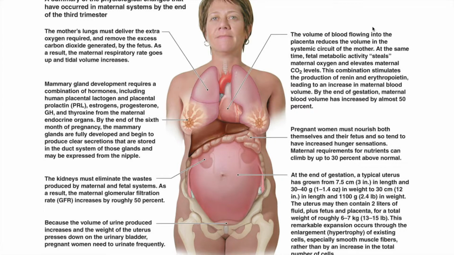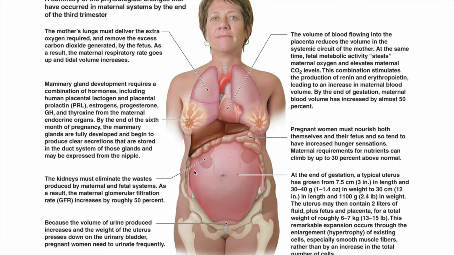Blood volume increases to meet the needs of the fetus. There are several hormones that cause the mammary glands to develop. In the kidneys, the GFR is going to increase about 50% to remove waste produced by the fetus. The volume of urine produced increases, and pregnant women need to urinate frequently.